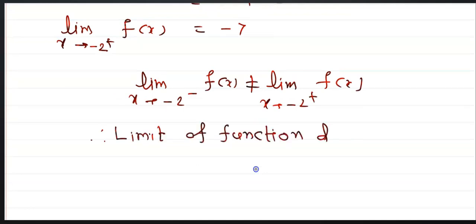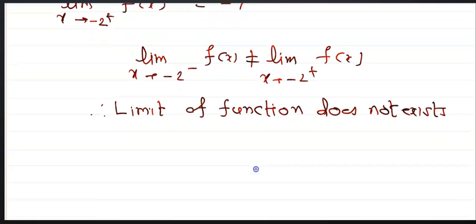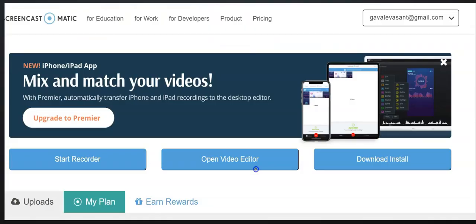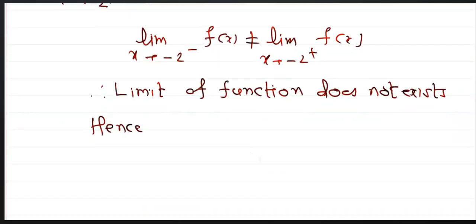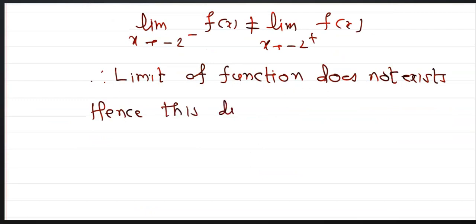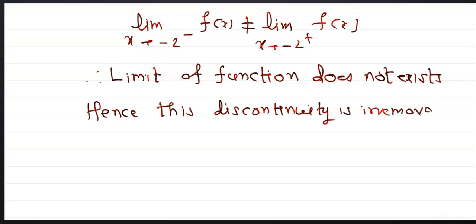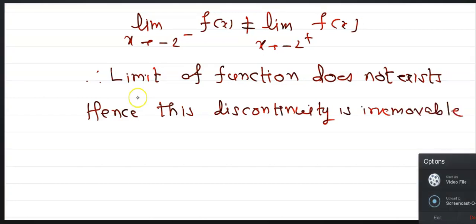The limit of function does not exist and hence this discontinuity is irremovable. ज्या वेळेस लेफ्ट हँड साइड लिमिट आणि राइट हँड साइड लिमिट बोथ आर डिफरंट किंवा लिमिटच एक्झिस्ट होणार नाही त्यावेळेस डिसकंटिन्युटी इज ऑलवेज इरिम्युएबल. आपण रिमूव्ह करू शकत नाही. कमीत कमी त्याला लिमिट हे एक्झिस्ट असलं पाहिजे. देन वी कॅन डिफाइन देअर व्हॅल्यूज.